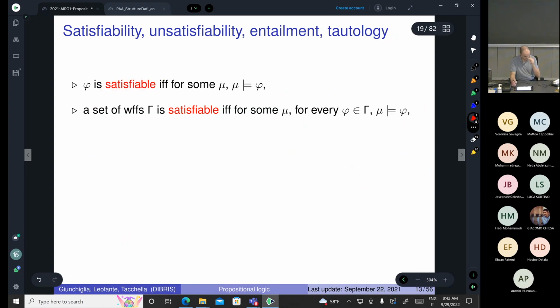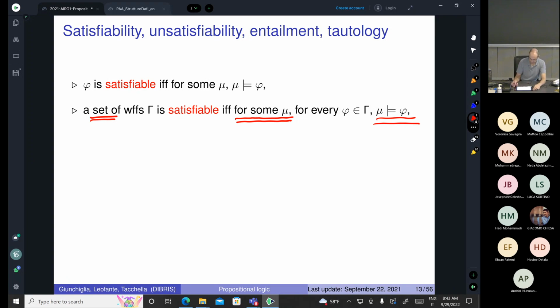There are other notions. You can extend the notion of satisfiability to a set of formulas. Here we have a set of formulas. A set of formulas is satisfiable if there exists an assignment that satisfies all of them.